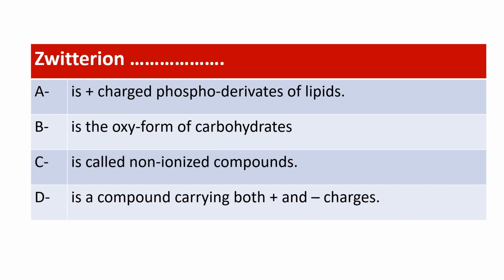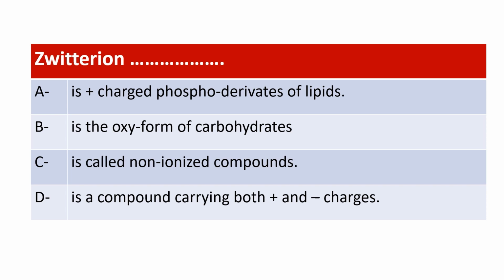Let's fill the gap for the term zwitterion. A. Zwitterion is a positively charged phosphoderivative of lipids. B. Zwitterion is the oxyform of carbohydrates. C. Zwitterion is called a non-ionized compound. D. Zwitterion is a compound carrying both positive and negative charge. A zwitterion is a state in which a molecule carries both positively and negatively charged groups at the same time, usually in an amphoteric compound.